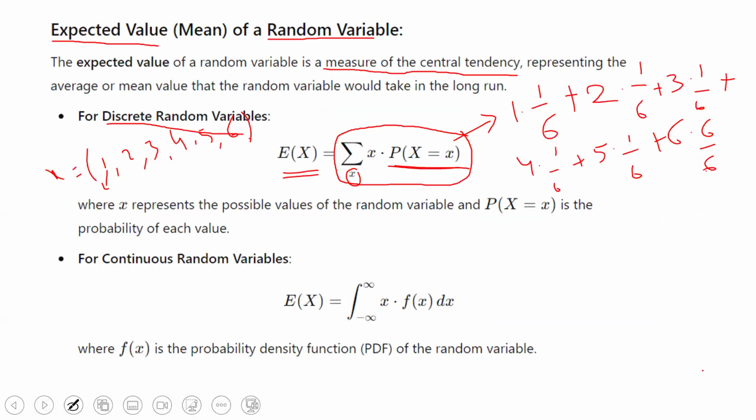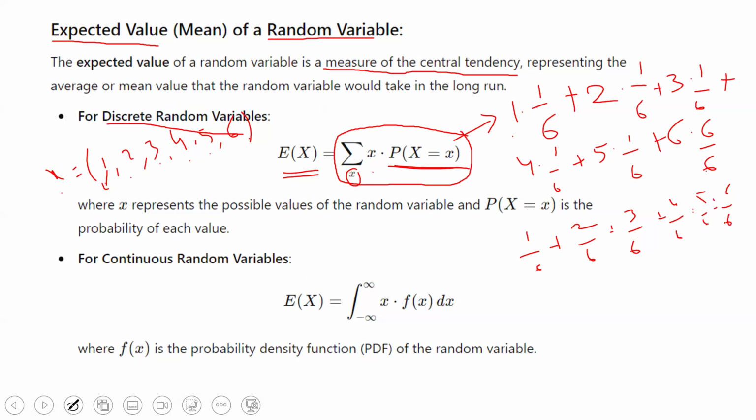When you're rolling a dice, the random variable x can be 1, 2, 3, 4, 5, and 6, right? And now x is 1 into probability of 1 is 1 by 6. So if you calculate this, what you'll get? 1 by 6 plus 2 by 6 plus 3 by 6 plus 4 by 6 plus 5 by 6 plus 6 by 6.